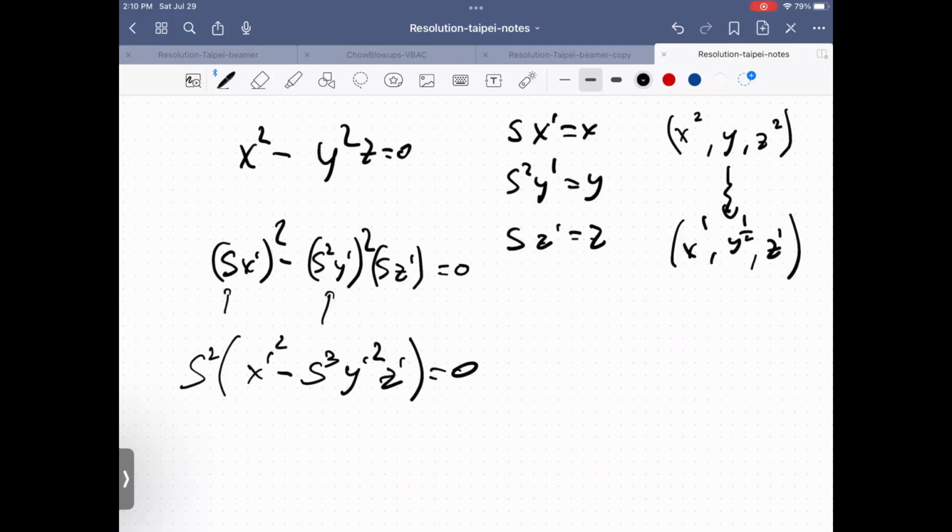X prime squared, you're right. So if s is a unit, I get, right. So, and I'm removing the vanishing locus of x prime, y prime, z prime. So, okay, so when z prime is non-zero, you get an equation, let's call it u.